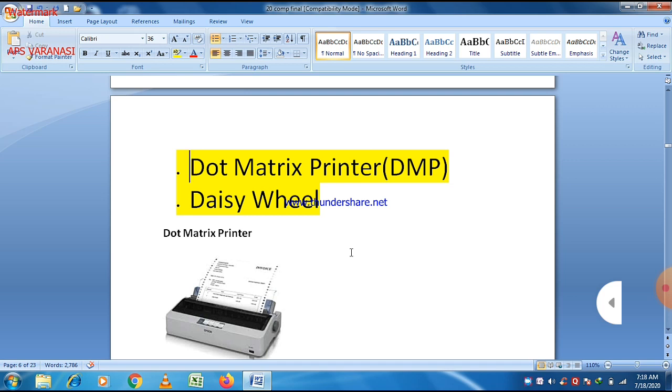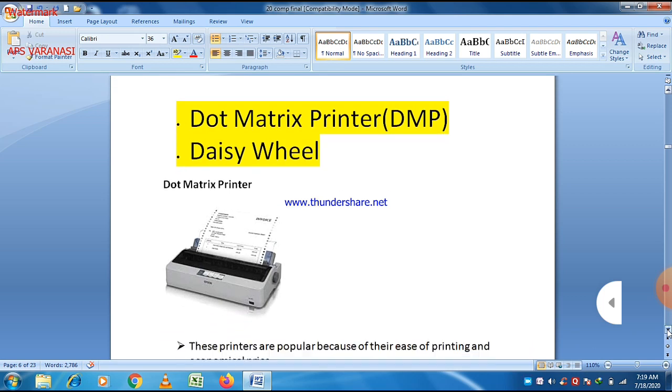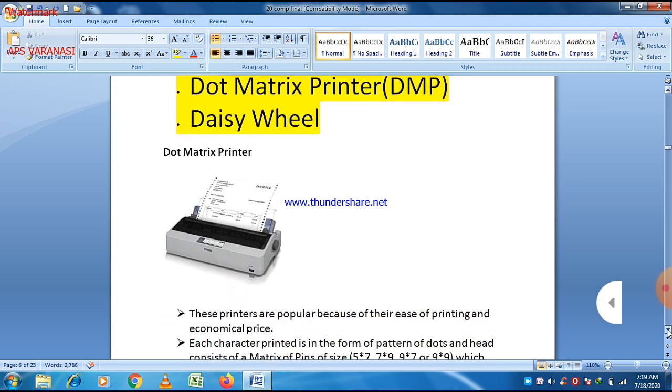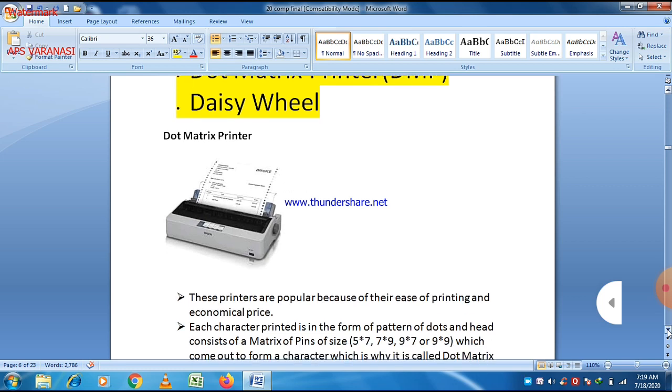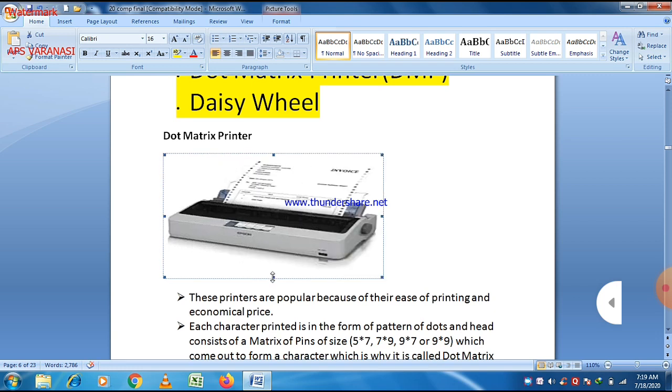So every character is made of tiny dots. So they are called dot matrix printers. Printing quality is not very high in the case of dot matrix printers. So these printers are popular because of their ease of printing and economical price.